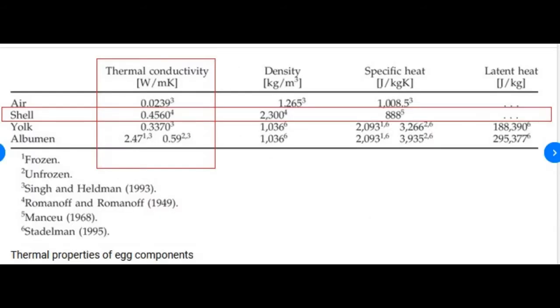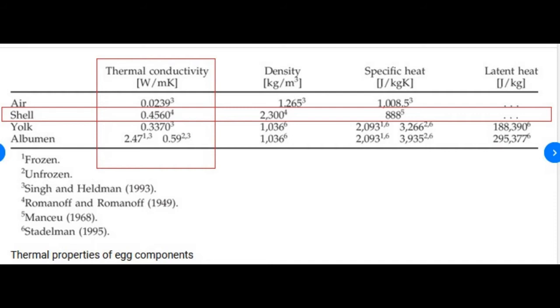I have done an online search, and you may find the information from ResearchGate, a web portal that researchers use to share their research findings. I am using such information, and the thermal conductivity was 0.456 watt per meter Kelvin.